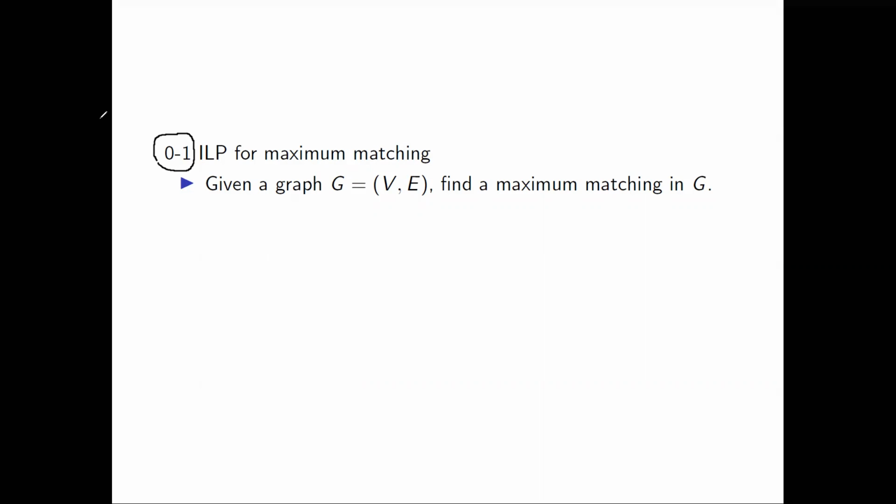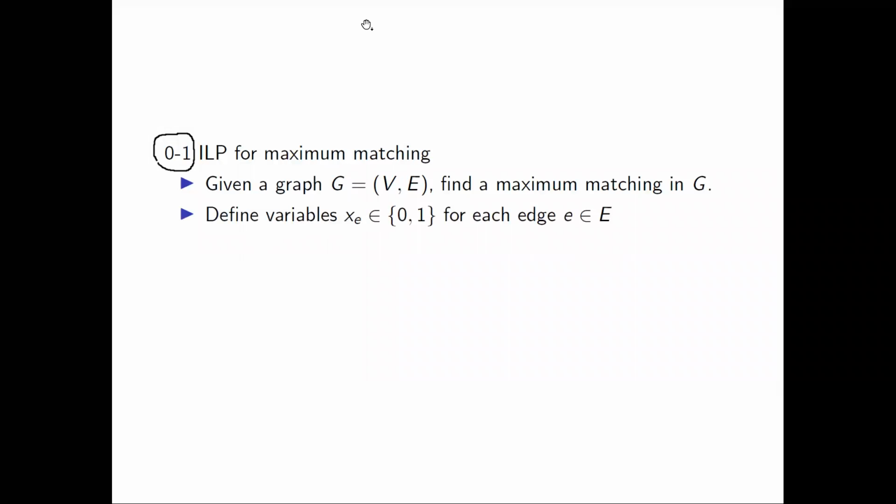So each edge E will have some variable XE. XE will be 0 or 1. And XE being 0 means we're not including it in our maximum matching. And XE equaling 1 means we are including it in our maximum matching.